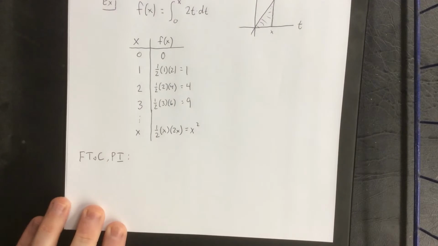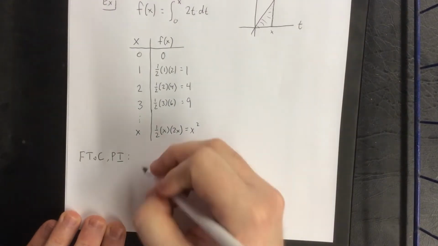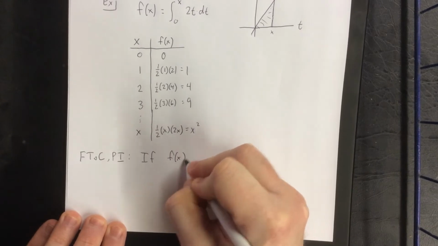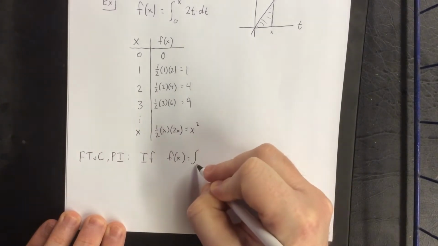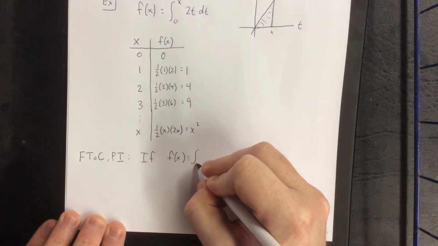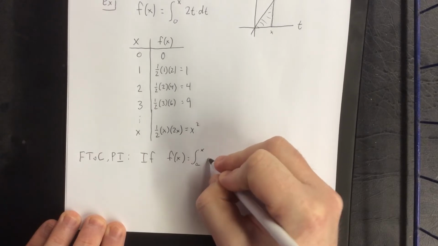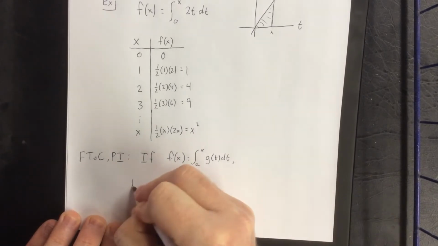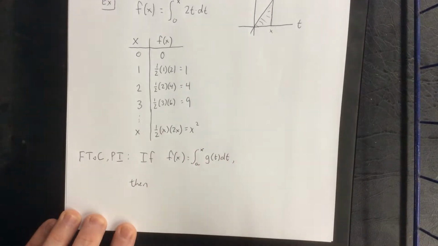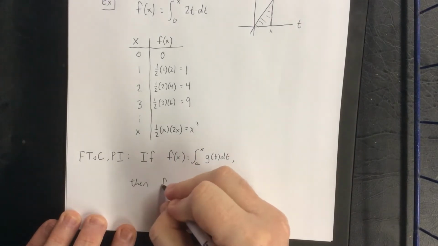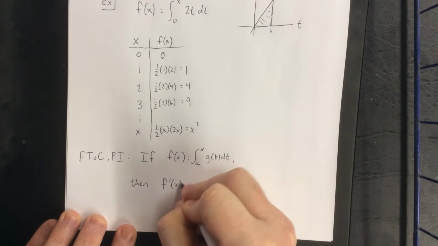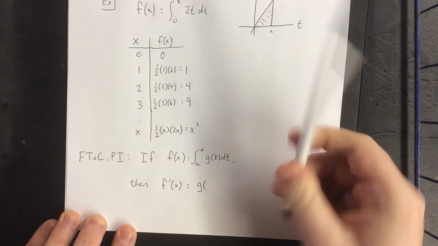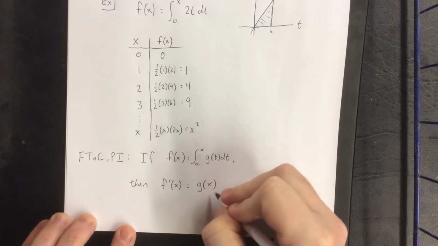The Fundamental Theorem of Calculus, Part 1, states the following. If f of x is equal to the definite integral from a starting point up to x of g of t dt, then the derivative of f with respect to x will be equal to, take the original function and simply replace the t's with x's.